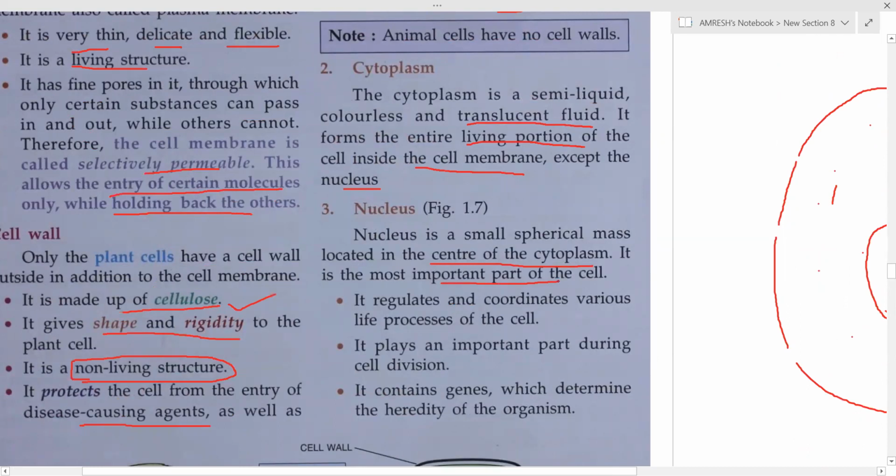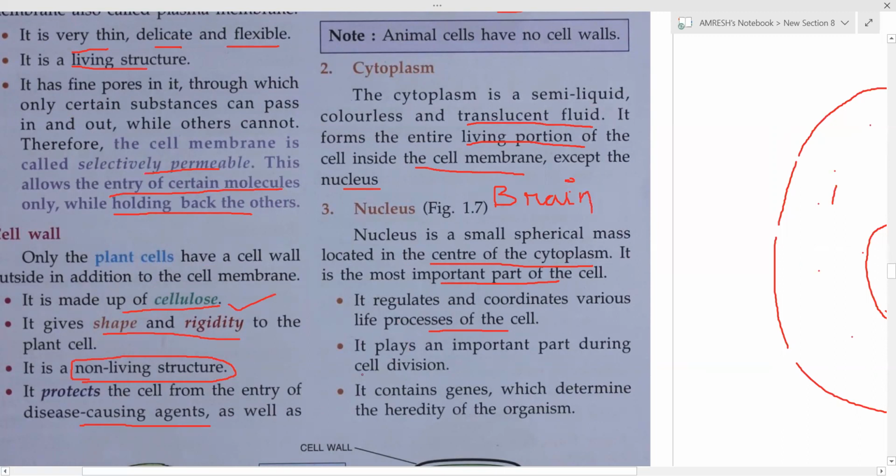What is the function of the nucleus? It regulates and coordinates various life processes of the cell. As I have told you, it is the brain of the cell. What does the brain do? Controls everything. In the same way, the nucleus controls everything of the cell.